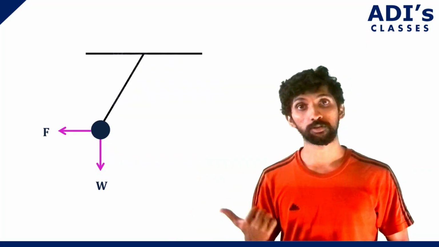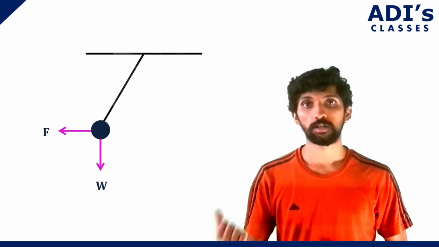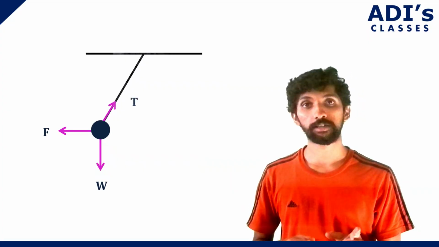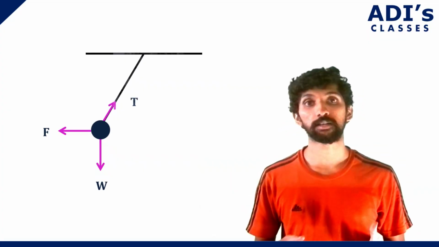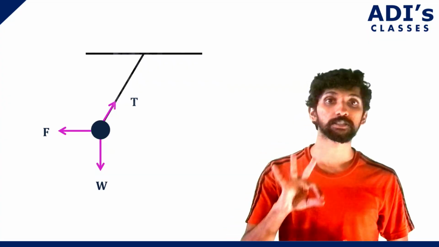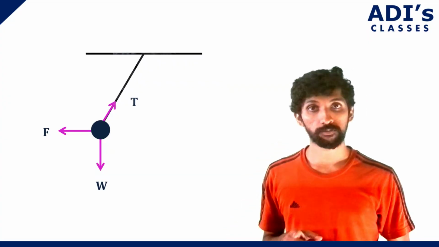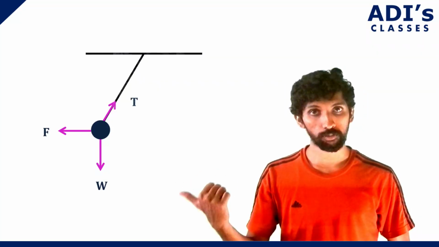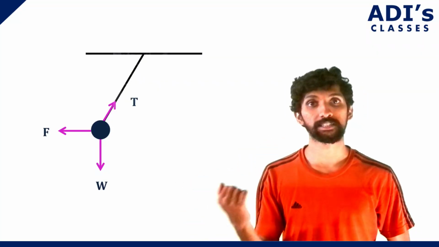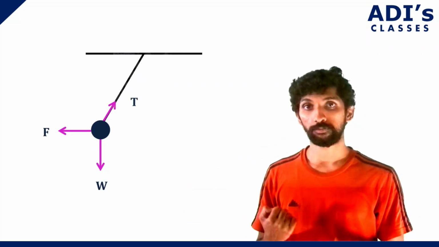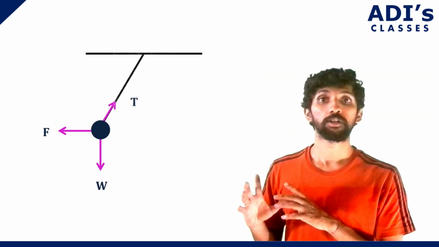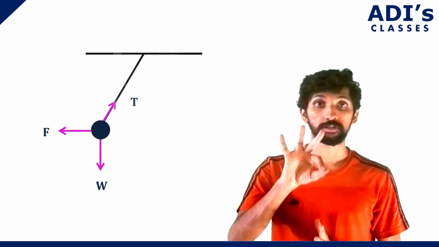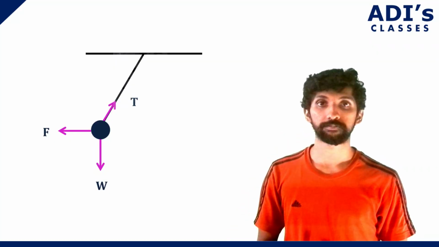The third force acting on it, very important, is the tension of the string. So three forces act on the body: the first is the weight, the second is the force with which it's moving, and the third is the tension. This is how the object is at equilibrium, with three forces acting on the body.